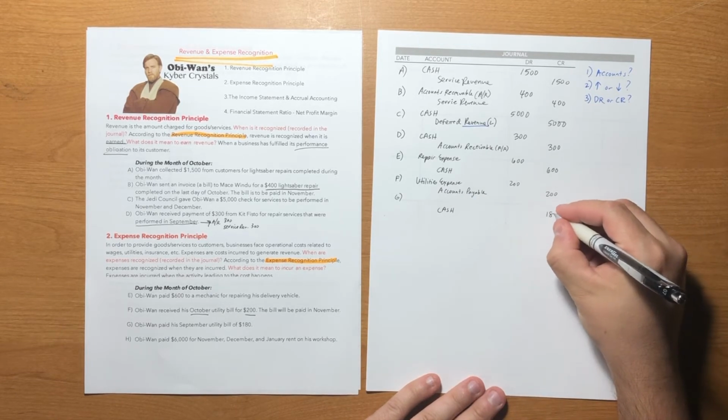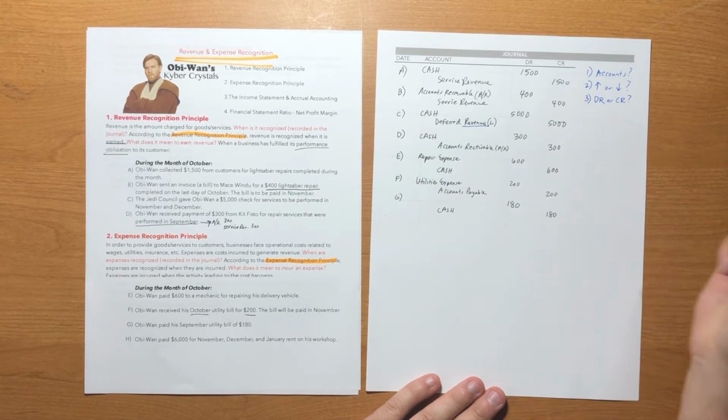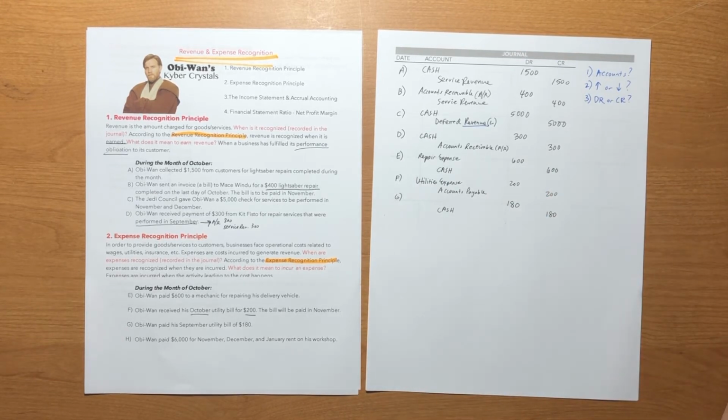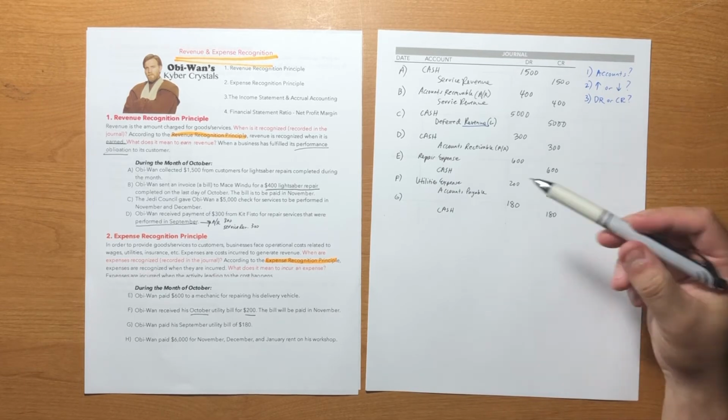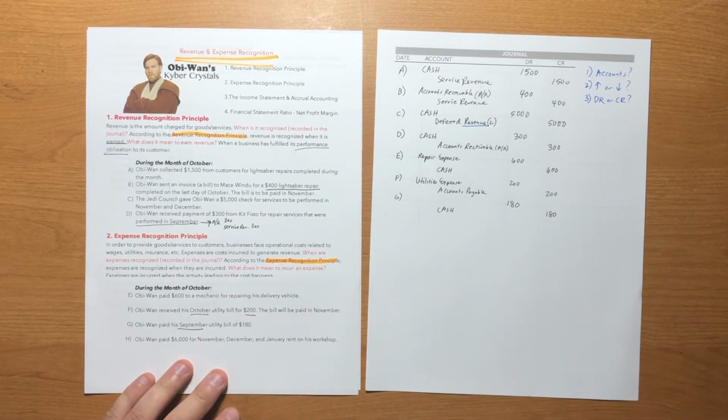So we're going to credit cash for $180. What do we debit? Are we going to debit utilities expense? Well, we shouldn't, because these utilities were from September, meaning we consumed these utilities in September, and they should have been expensed in September.